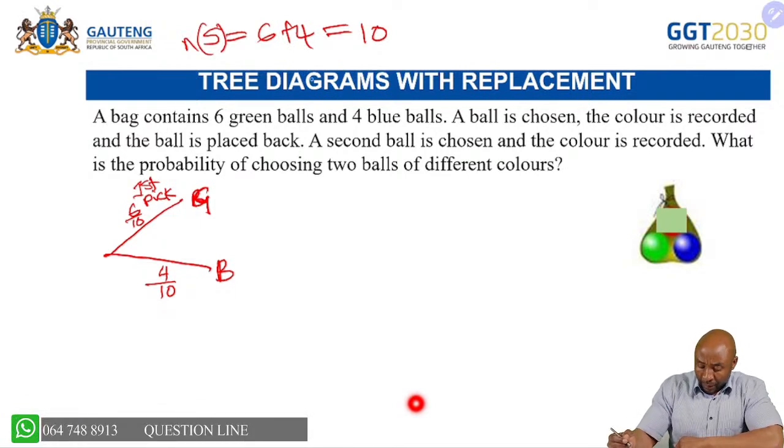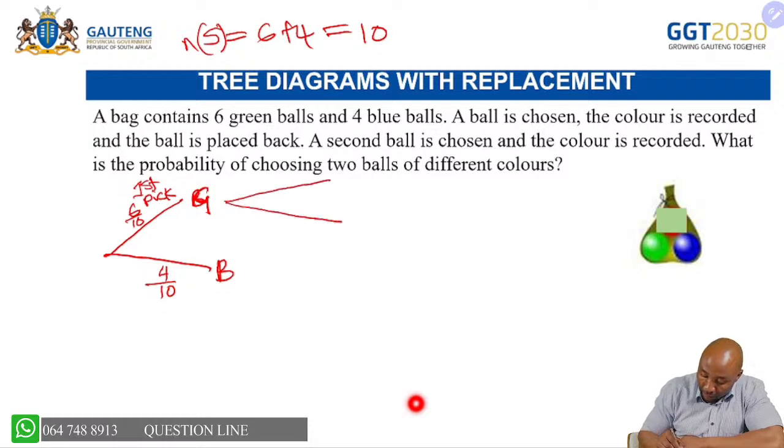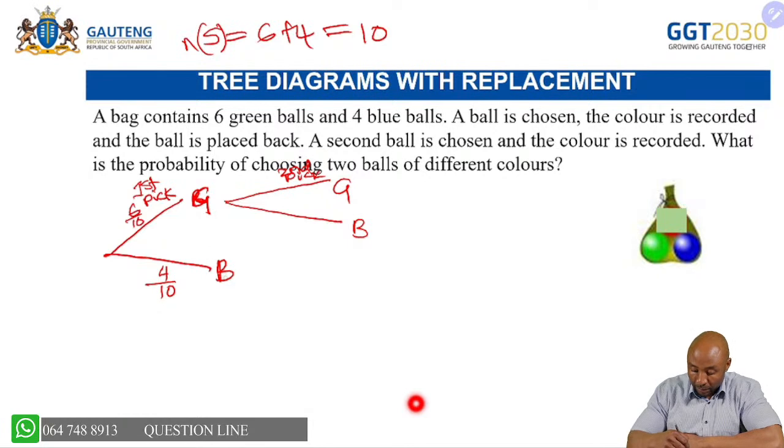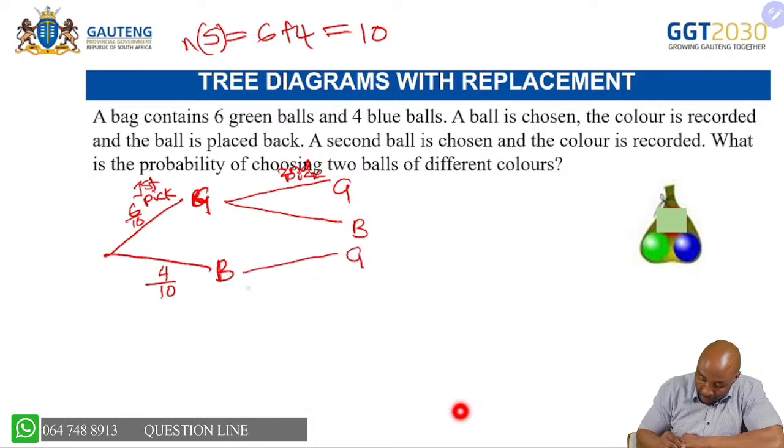Now, if the first ball picked was green, there is a chance that the second ball can be green or the second ball can be blue. So that's a second pick. Also, if the first ball picked was blue, there is a chance that the second one can be green or the second one can also be blue.